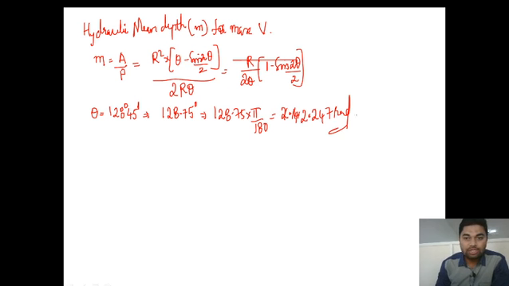Substitute all these values in the hydraulic mean depth formula.